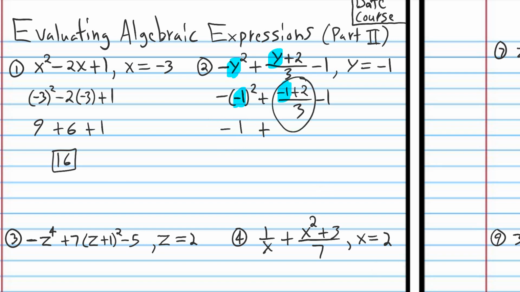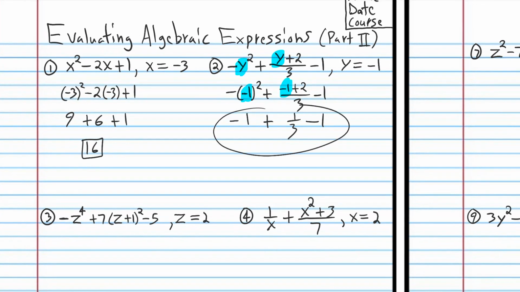And then remember, when we have operations in the numerator of a fraction, you have to perform those operations first, even though it seems to violate the order of operations agreement. So negative 1 plus 2 is 1. And so now we just have to combine these numbers. To do that, you can change these ones to fractions, multiply both sides of this fraction by 3 and both sides of this fraction by 3, and you get negative 3/3 plus 1/3 minus 3/3, and you don't really have to show all that.